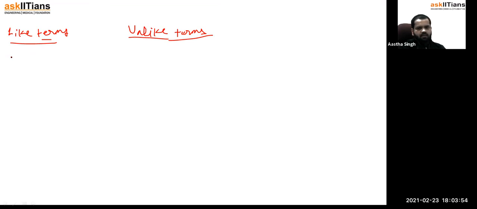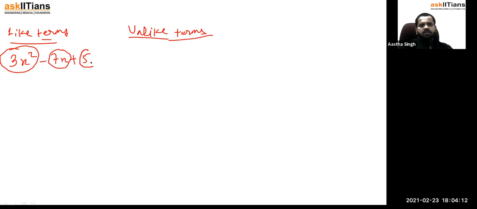If an expression is there like 3x square minus 7x plus 5, the third term is 5, which is your constant. Let me correct myself here: 7x is not a term, minus 7x is a term. So basically, there are three terms.